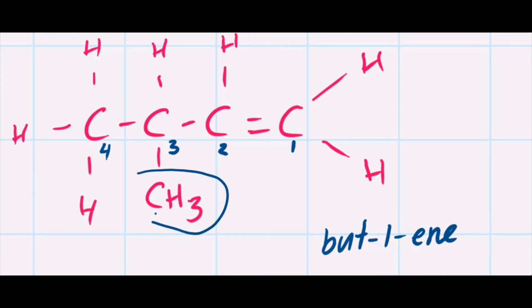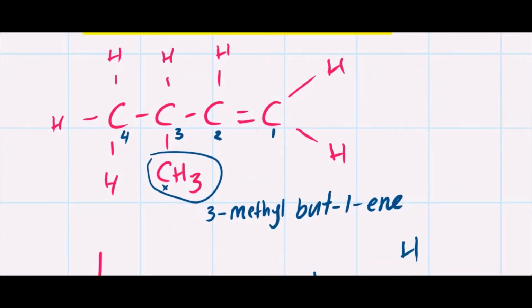There is a branch, a substituent coming off carbon number 3. See here that it has 1 carbon, so we know that it's going to be a methyl group. 3-methyl-but-1-ene.